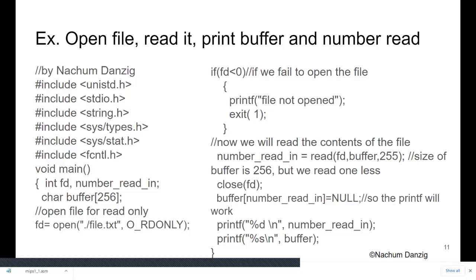That's what D stands for. And then I put the number after the comma here. And then print another line with \n is a new line with a string. What string? The string that buffer points to. And this line will only work if I put that null there. Any questions on that?